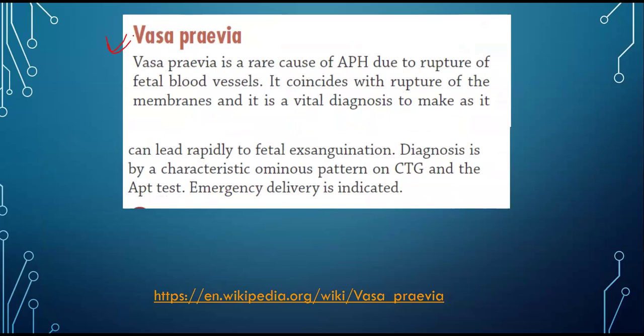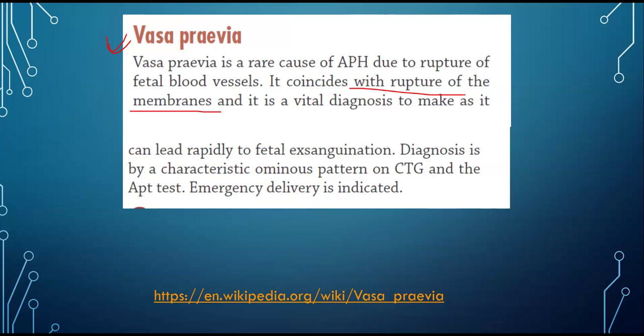Now, there is a condition called vasa previa. Vasa previa is a very rare cause of antepartum hemorrhage due to rupture of a fetal blood vessel. Let's say you were trying to go for induction of labor by doing a rupture of the membrane.